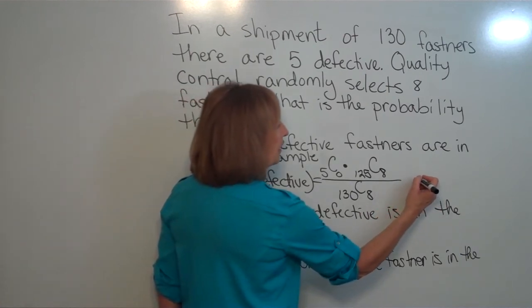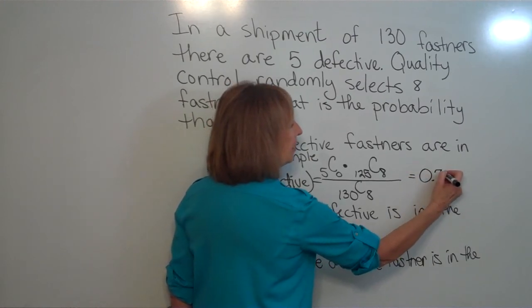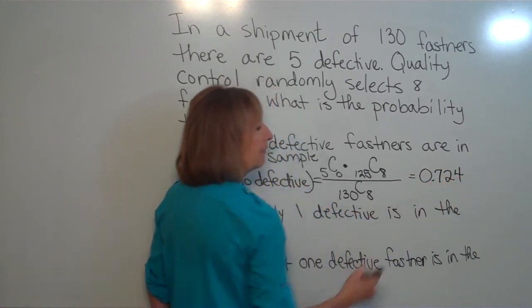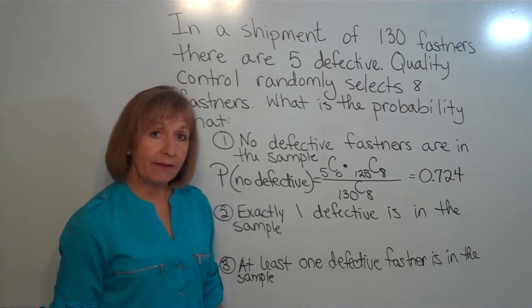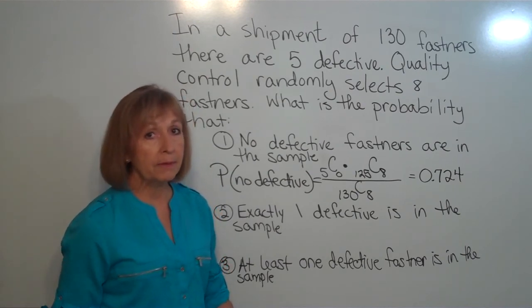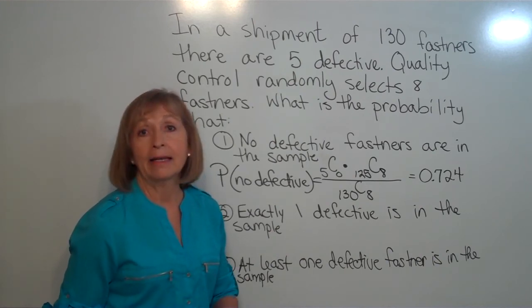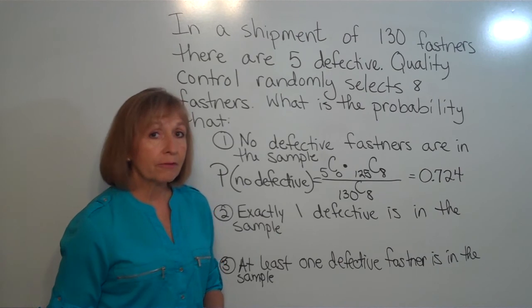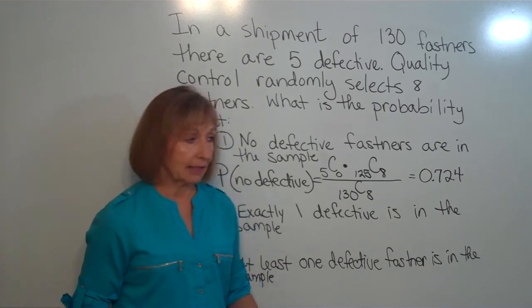So then what you get from this is 0.724, if we leave our answer in decimal with 3 significant digits. Remember your probabilities will come out to be a number from 0 to 1. So if you're not getting that, then you must have either set up the fraction incorrectly or entered it into your calculator incorrectly.